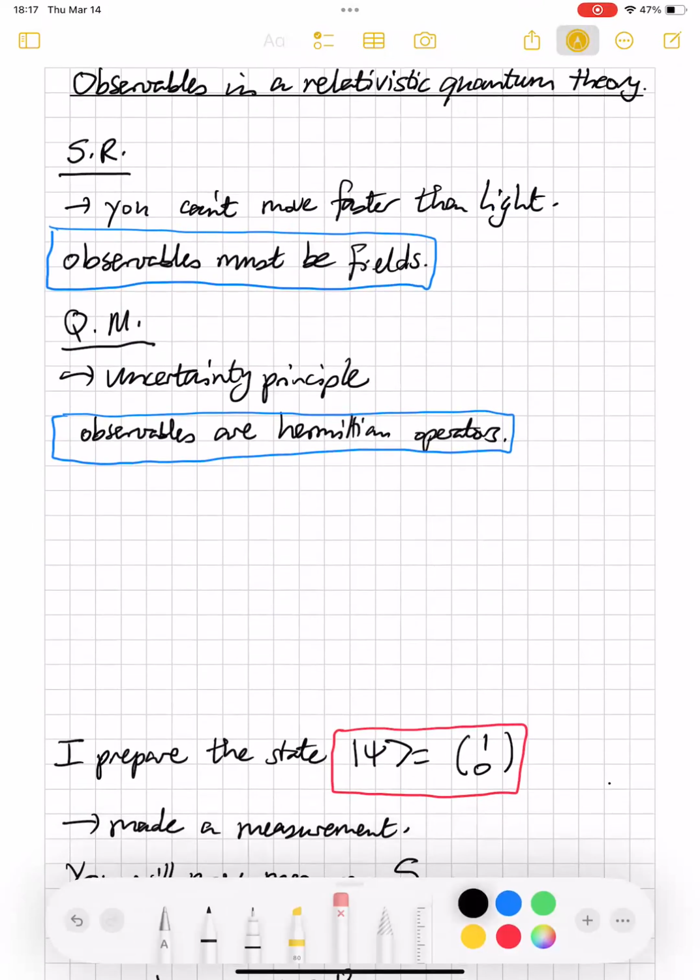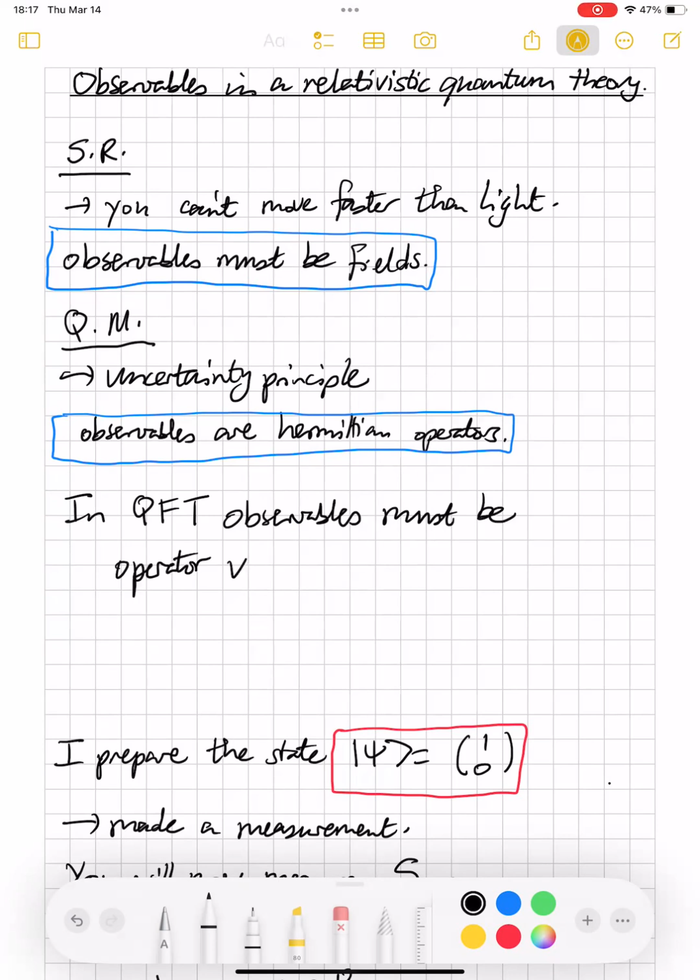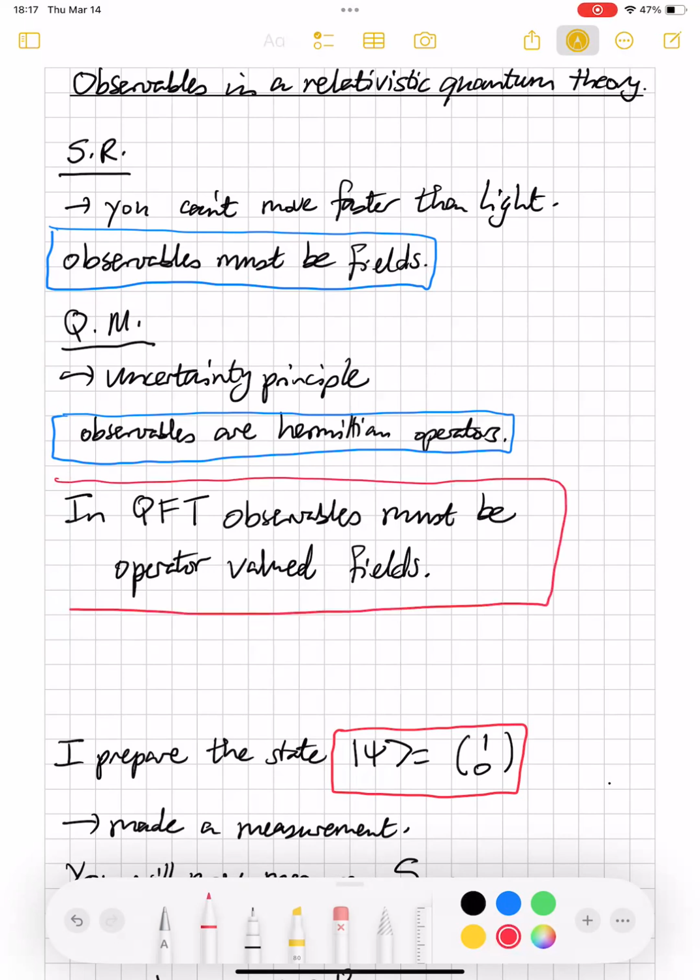So the first conclusion that we can make is that in relativistic quantum field theory, observables must be operator valued because of quantum mechanics, fields because of special relativity. So in quantum field theory, observables must be operator valued fields.